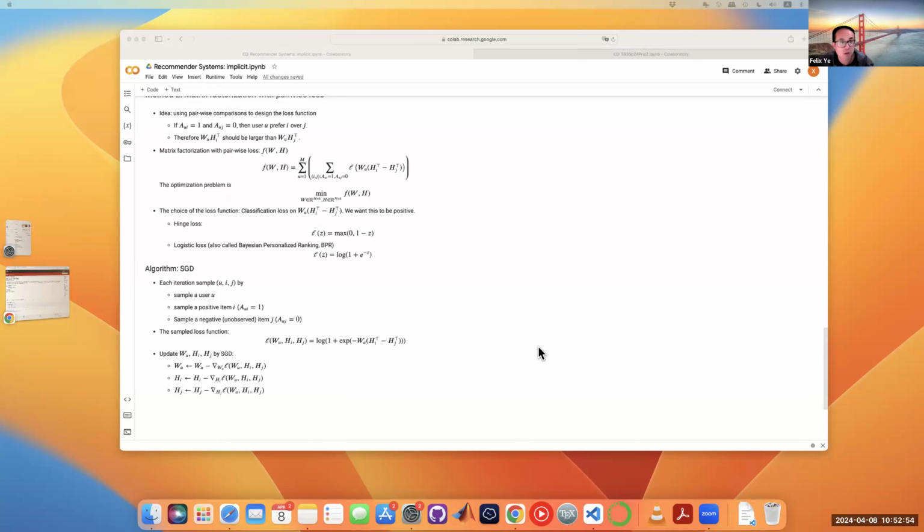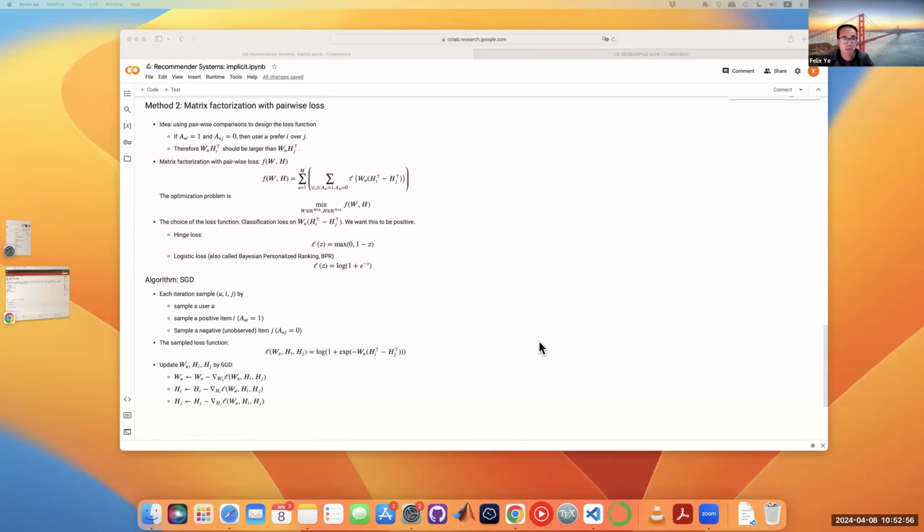In the last part, I will talk a little bit about matrix factorization with the pairwise loss. So this is another method that people can use, and you can use stochastic gradient descent.